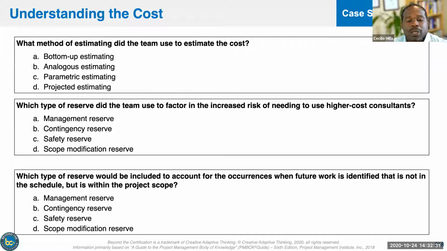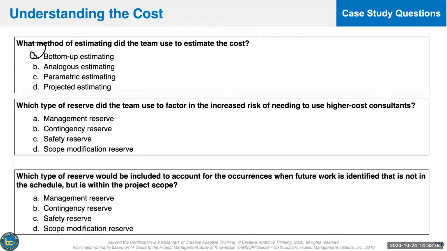What method of estimating did the team use? I'm going to say A. Why?